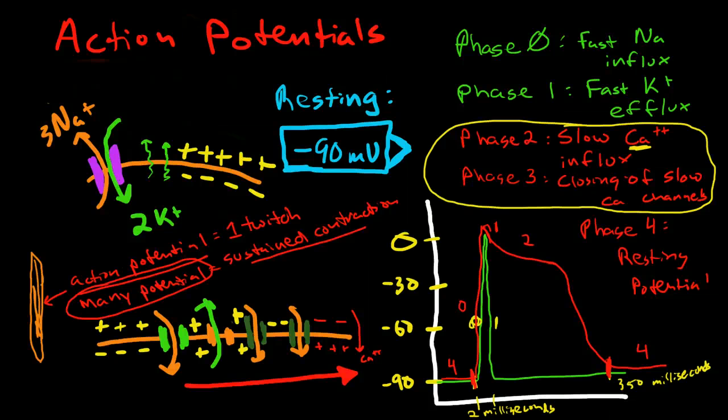If you just had one single twitch in your cardiac muscle, you're not even going to change the shape of the chamber. But if you have a prolonged contraction, that allows the chamber to decrease in size and forcefully expel the contents of the chamber over 350 milliseconds.